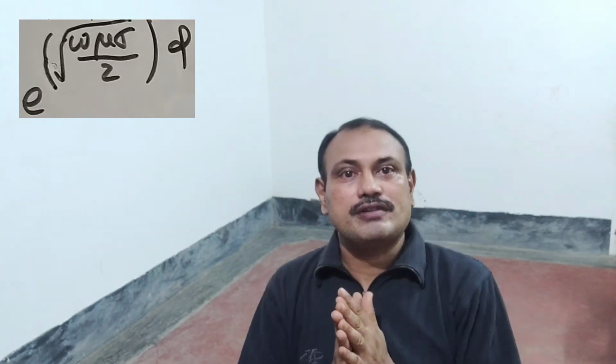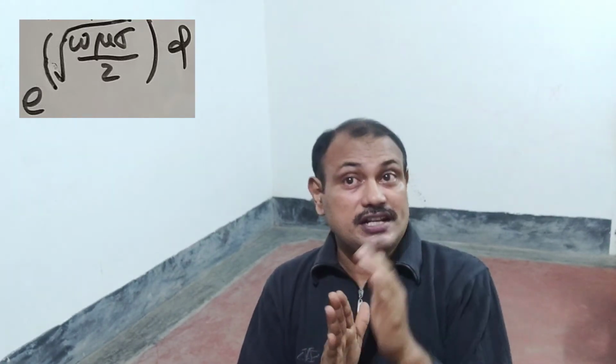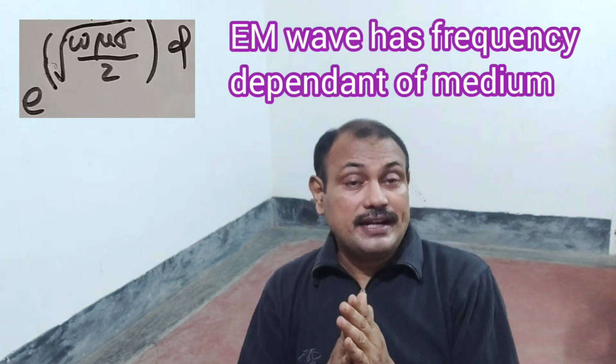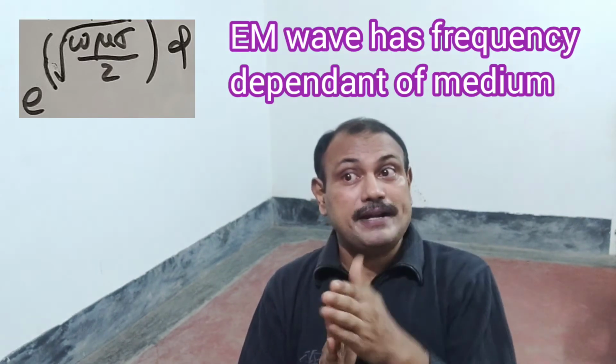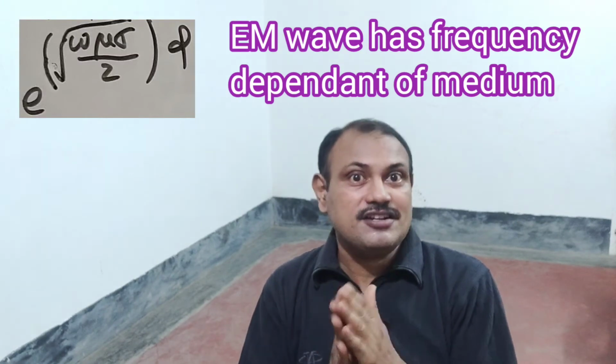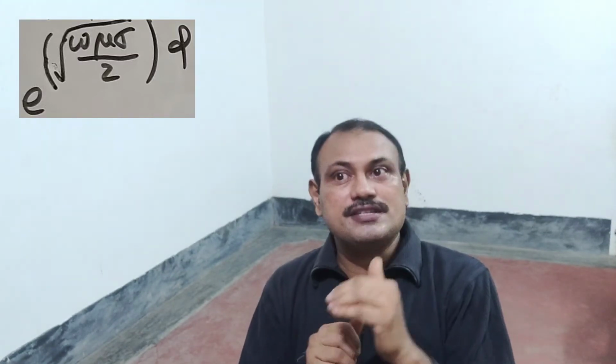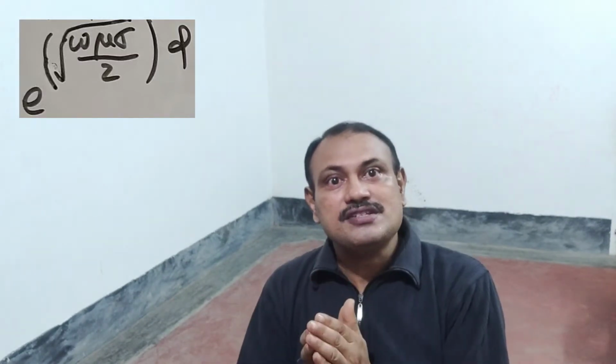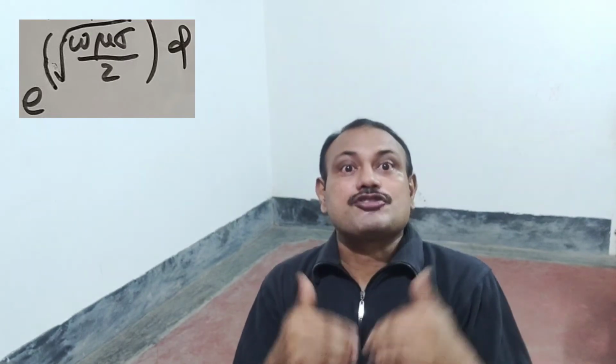So obviously the electromagnetic wave has a frequency dependence on the medium, and that is the reason why the electromagnetic wave is opaque for some mediums and transparent for some other mediums. So this is a frequency dependence of the electromagnetic waves.